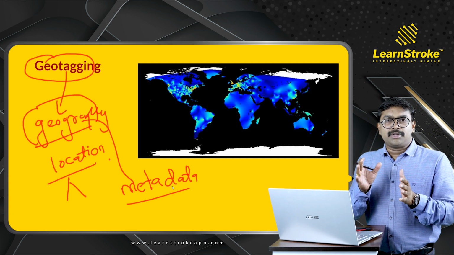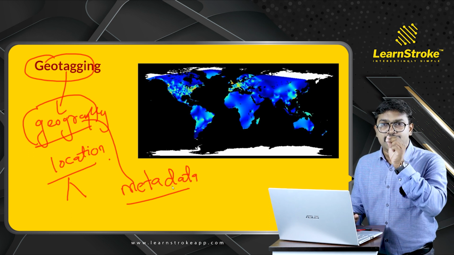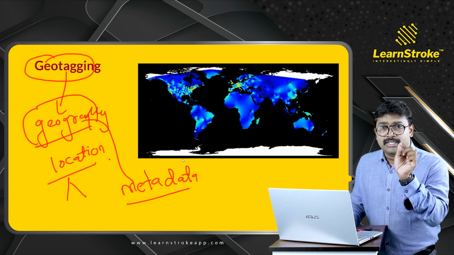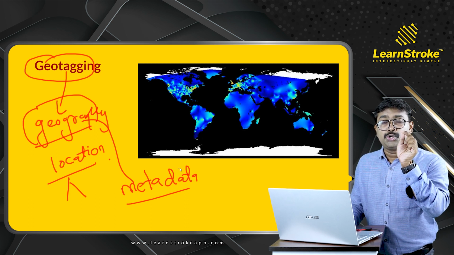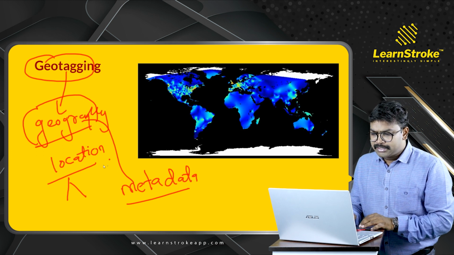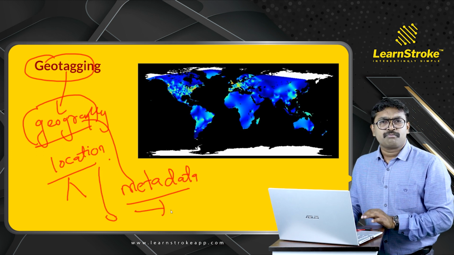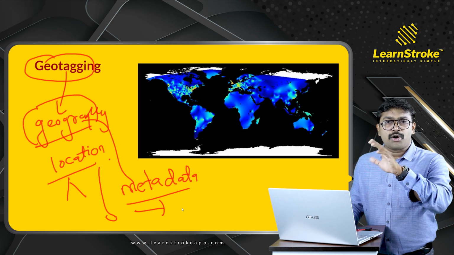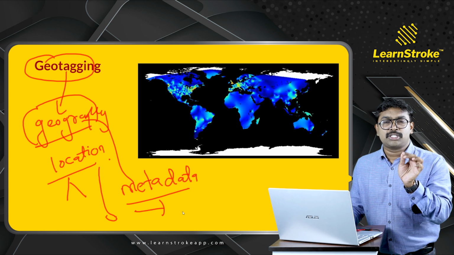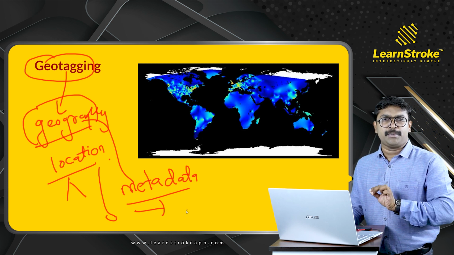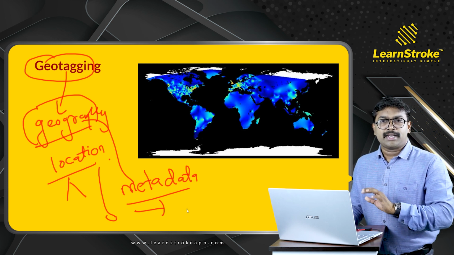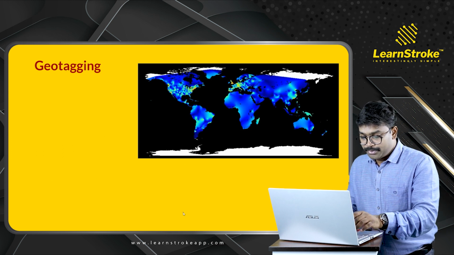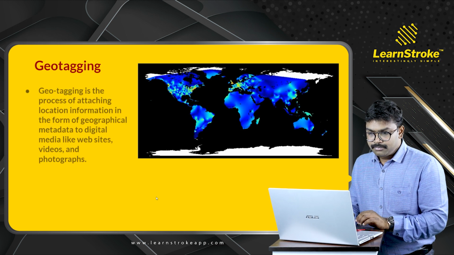And in this geotagging, it's very important that you attach the location information to the geographical metadata. Basically that data includes nothing but latitude, longitudes and different coordinates. So the process of attaching locational information to the geographical metadata is called geotagging.